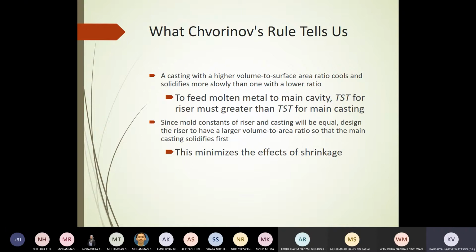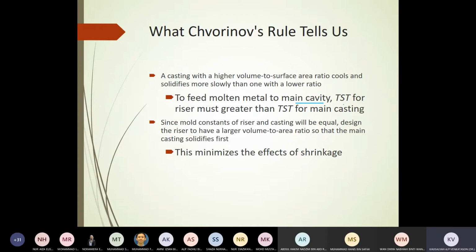So what does this rule tell us? A casting with a higher volume to surface area ratio cools and solidifies slower than one with a lower ratio. So to fit molten metal into the main cavity, the solidification time for the riser must be greater than the solidification time for the main casting.